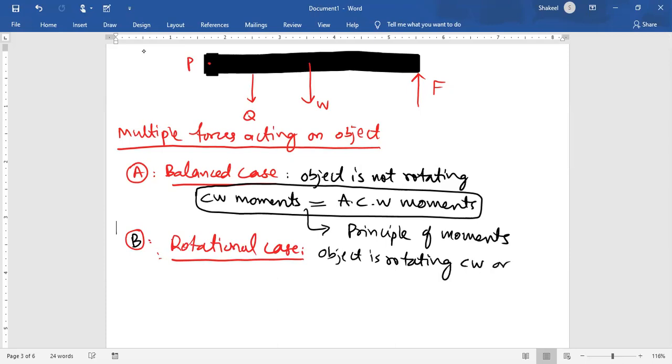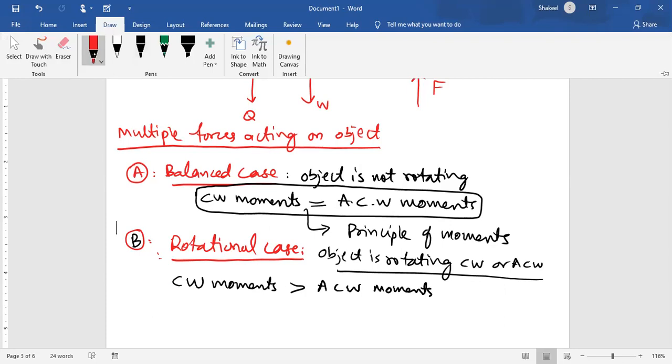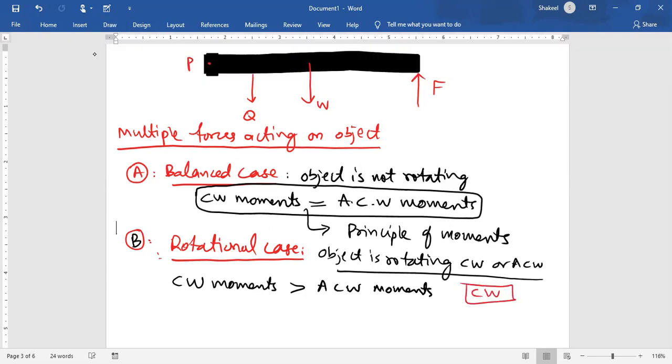Then if clockwise moments are greater than anti-clockwise moments, obviously the net rotation will be in the clockwise direction.